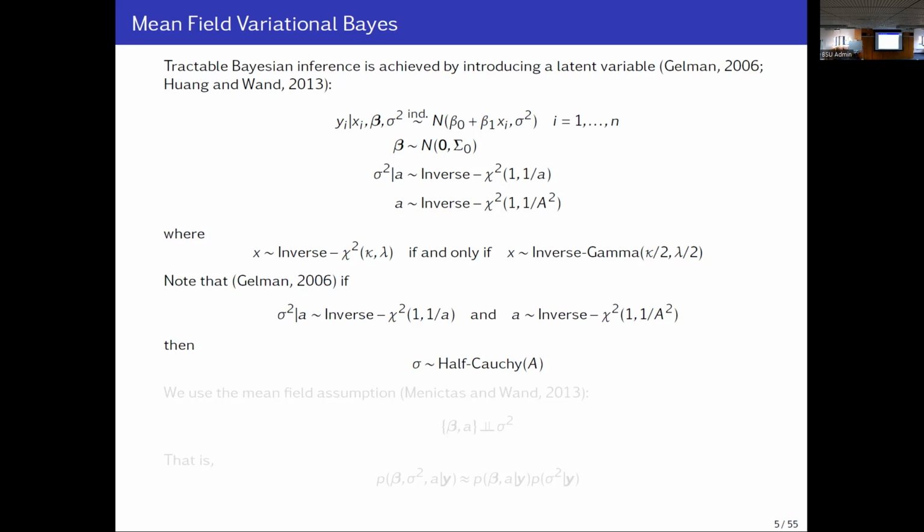The specific kind of specification I'm using is just a reparameterization of the inverse gamma that you've been using in your previous talks so far. So don't think too much on that. But the reason why I use this hierarchical specification for the variance parameter is that it's equivalent to placing a half Cauchy prior over our standard deviation parameter. So it allows us to place arbitrarily uninformative priors over our standard deviation parameters.